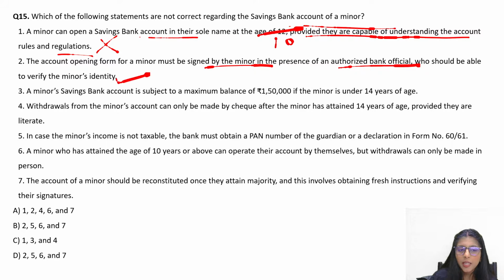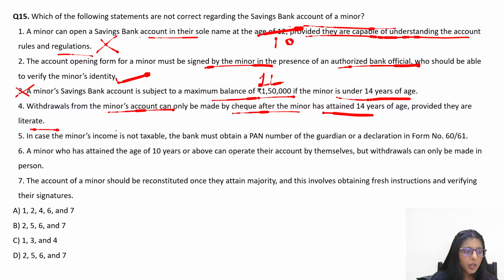Yes. A minor's saving bank account is subject to a maximum balance of 1,50,000. If the minor is under 14 years, it's not 1,50,000, it's just 1 lakh. So it's incorrect. Withdrawal from the minor's account can only be made by cheque after the minor has attained 14 years of age, provided they are literate.